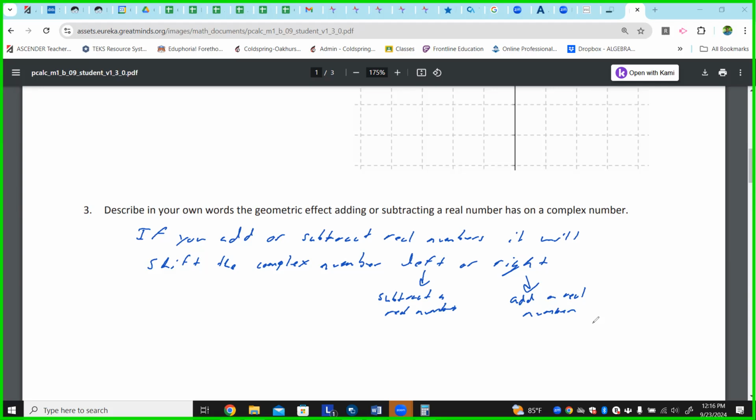As long as you don't get anything on the floor. Good.